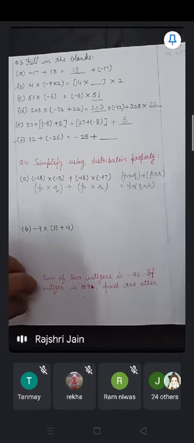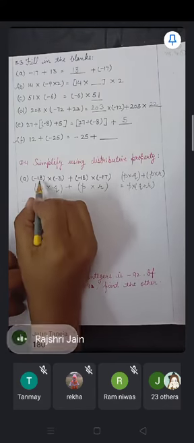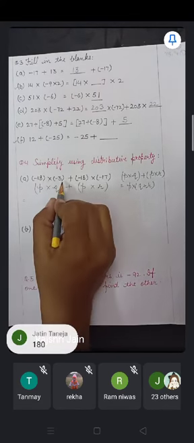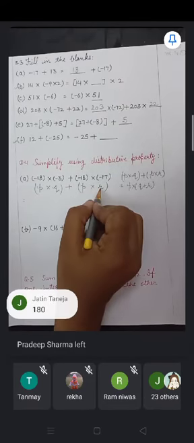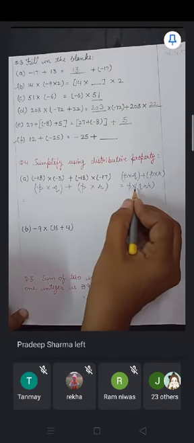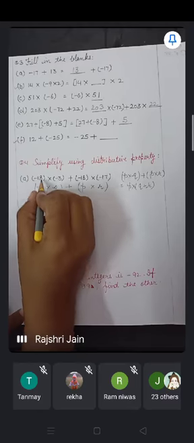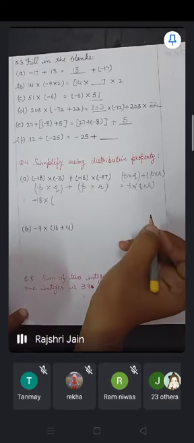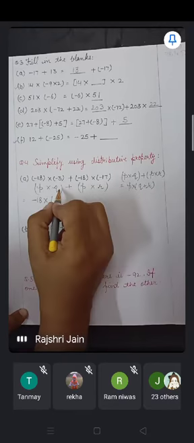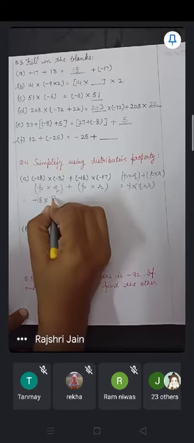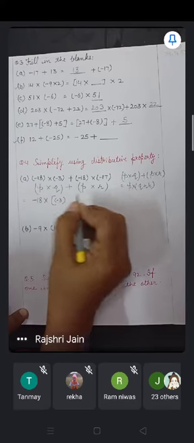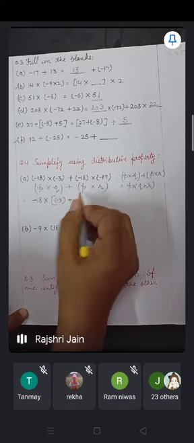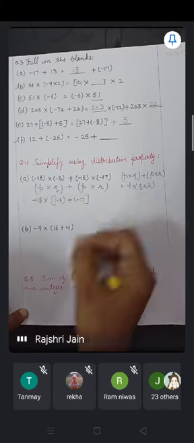Yesterday I told you in the distributive property. So -18 is p, -3 is q, -17 is r. Just put the values. P into q plus r. P means -18 into, close the bracket, q plus r. Q is -3 plus r is -17. This will be the value.